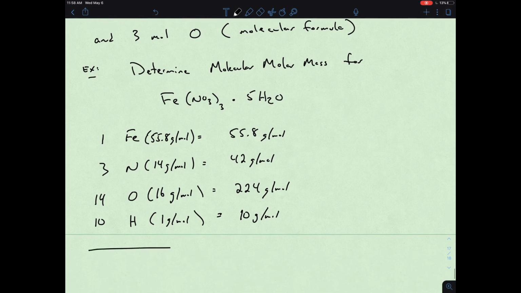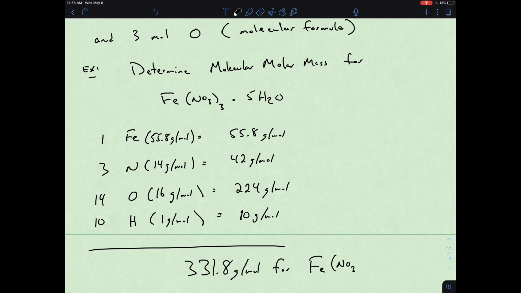And if we add that all up, we find that we get a value of 331.8 grams per mole for this ferric nitrate pentahydrate. So that's this idea of molecular molar mass.